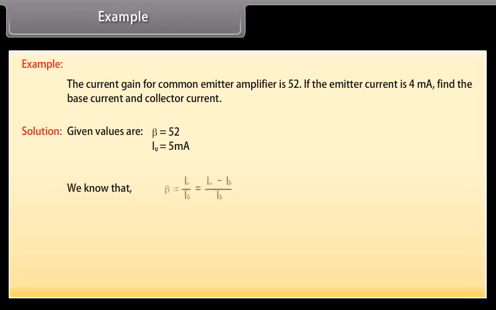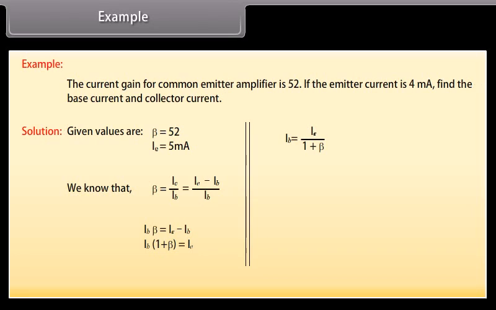We know that beta is equal to IC upon IB, which is equal to IE minus IB upon IB. On simplifying the expression we get IB equal to IE upon 1 plus beta. Now putting the values in the expression and calculating, we get IB equal to 0.08 mA.